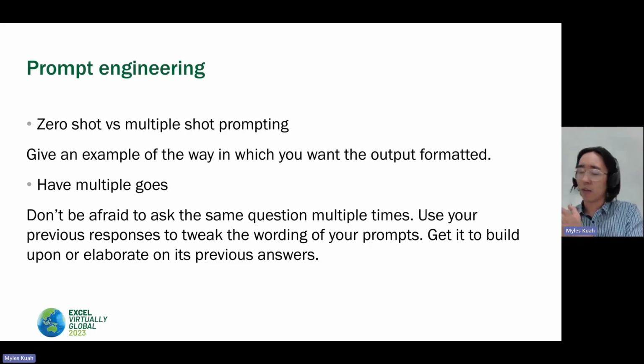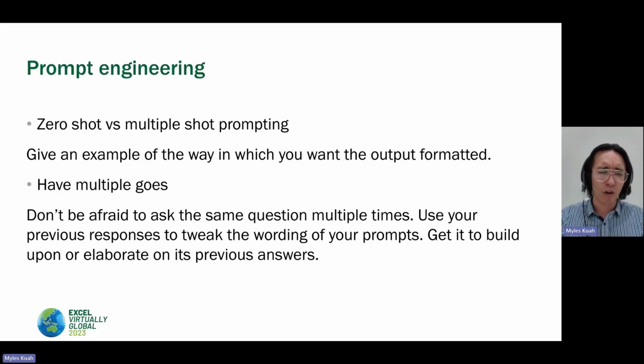Meanwhile, if I provide it 3 examples of previous reports that I've written, then I can ask it, write a report on X, Y, and Z, and it can do that mimicking the style of how I do it. And again, it just provides it more to actually build upon. This is called multiple shot prompting because you're giving it multiple examples of what you want from it beforehand.